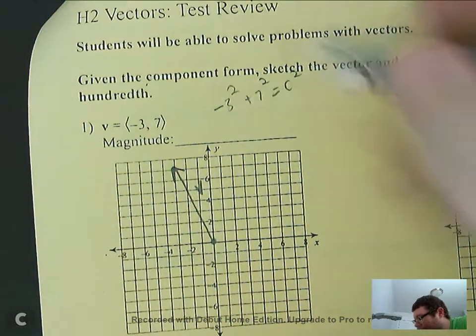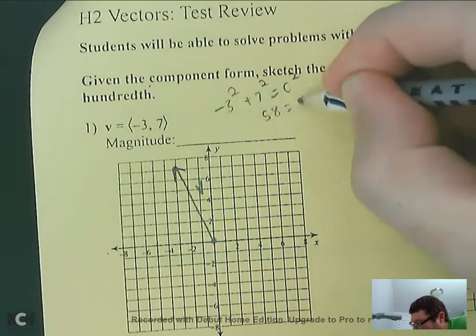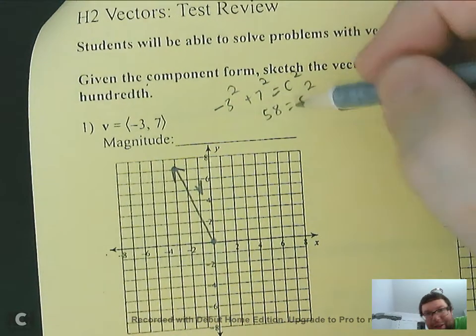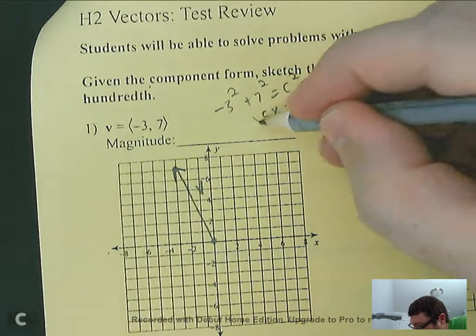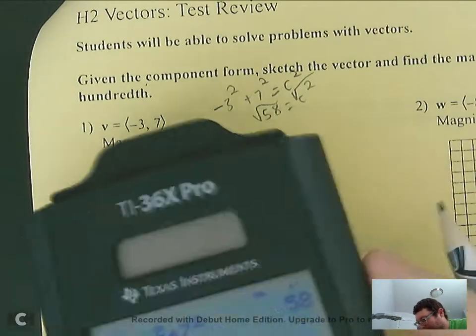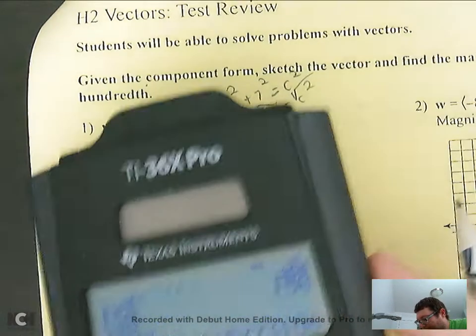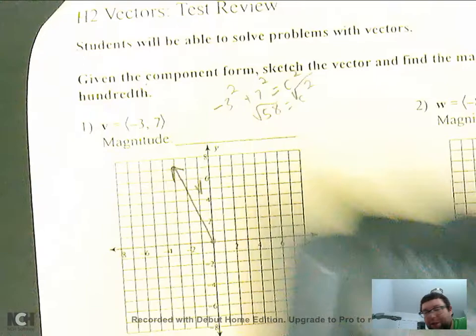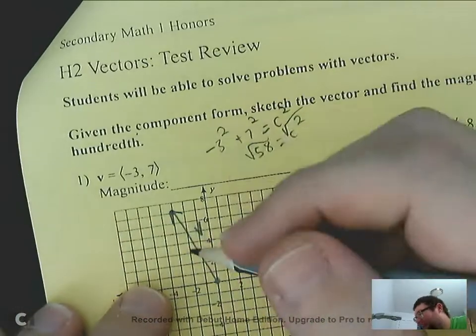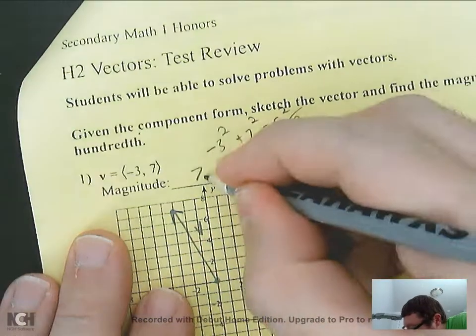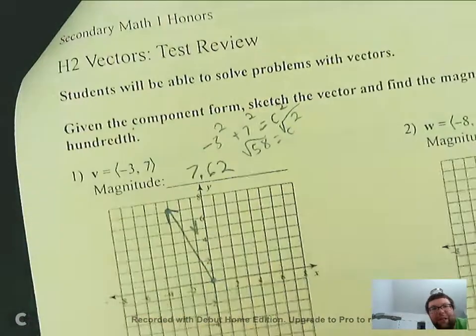And then you get 58 is equal to c squared, but we want just the longest side, just the c, so we square root. So the square root of 58 is 7.61. It says around the nearest hundredth, so 7.612. Or sorry, 7.62. And that's our answer.